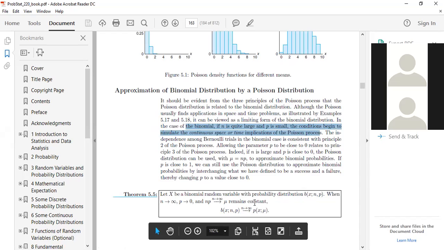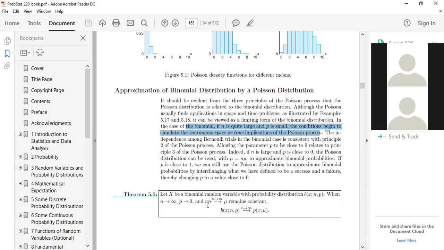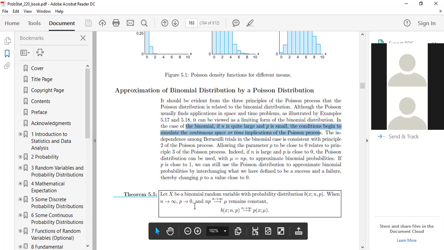Whenever n is large and p is close to 0, the Poisson distribution can be used with nu equal to np, n times p, to approximate the binomial distribution.